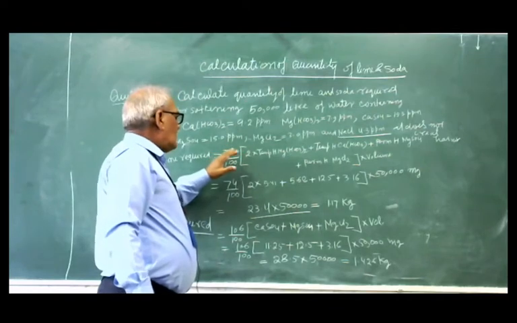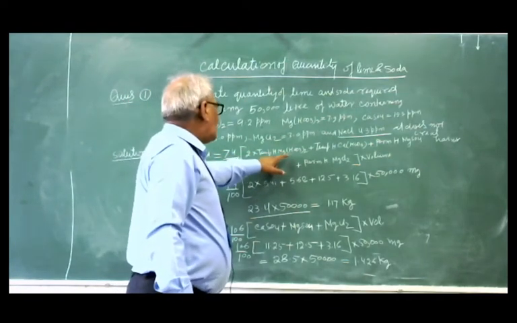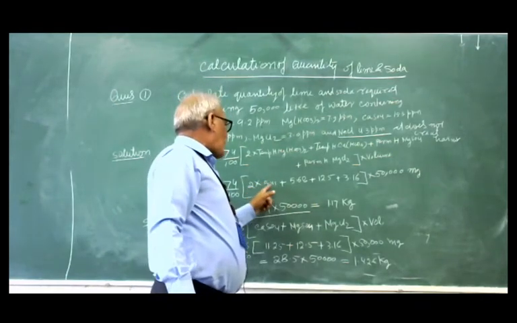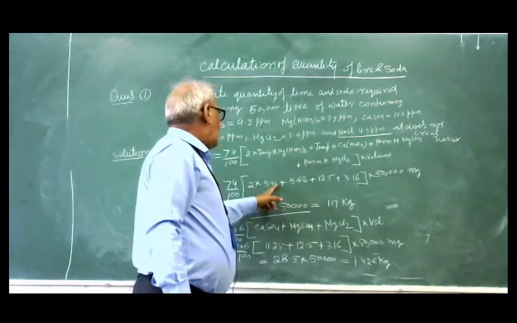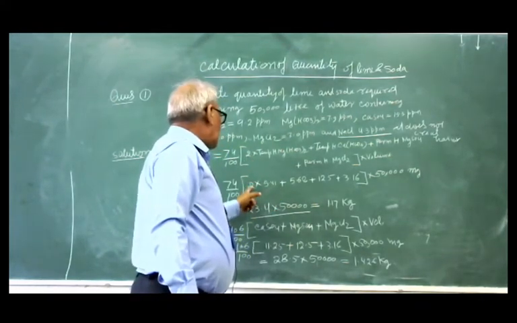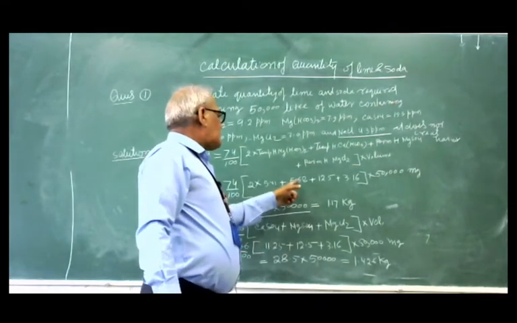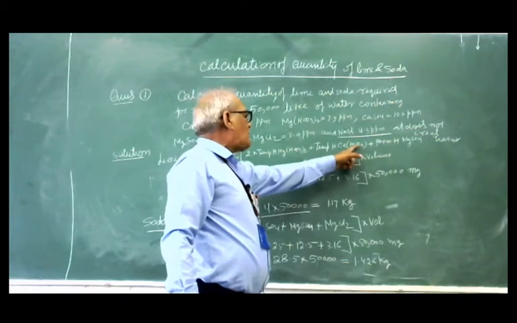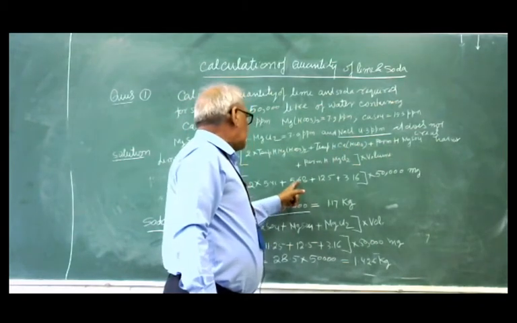Already, hardness due to magnesium bicarbonate is 5.41 and multiplied by 2. This is the temporary hardness created by calcium bicarbonate. So it is written here.